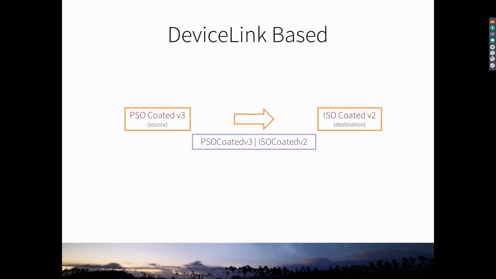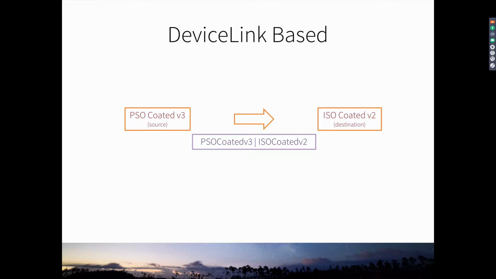What is important though, and you already see that on this schematic, if I want to do color conversions and use DeviceLink profiles, I'm going to need a DeviceLink for each combination of source and destination profiles that I'm using. So PSO-coated to iso-coated, fine. I can build a DeviceLink profile for that and use that to do a color conversion.